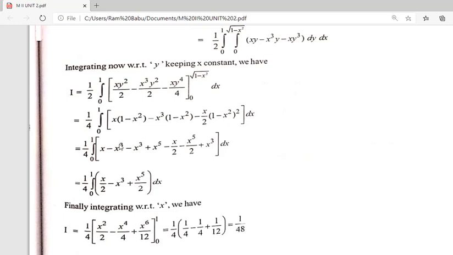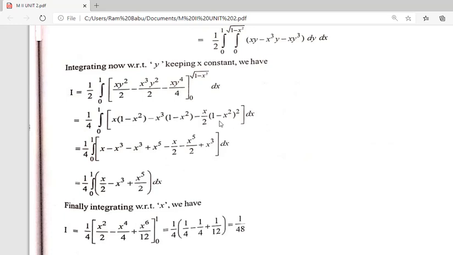Okay, now multiply 1 minus x square with x, and 1 minus x square with x cube, and 1 minus x square whole square with x by 2. After multiplication we get x into 1, x, minus x into x square, x cube, minus x cube into 1, x cube, plus, minus times minus plus, x cube into x square, x power of 5.